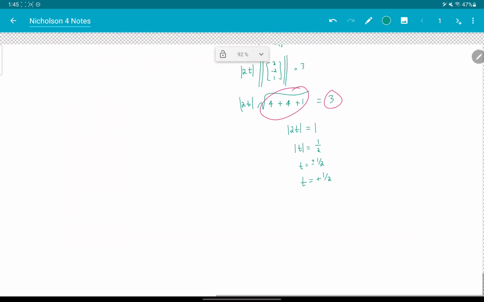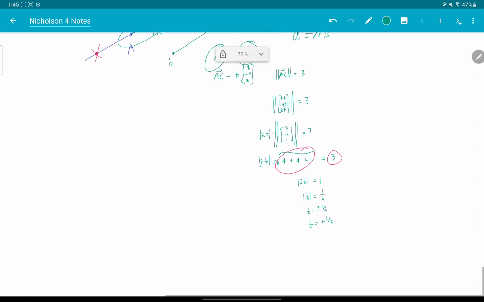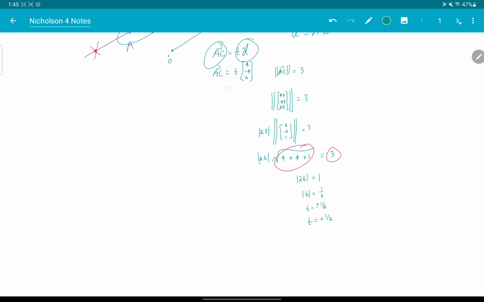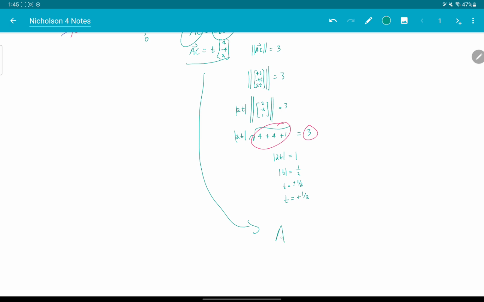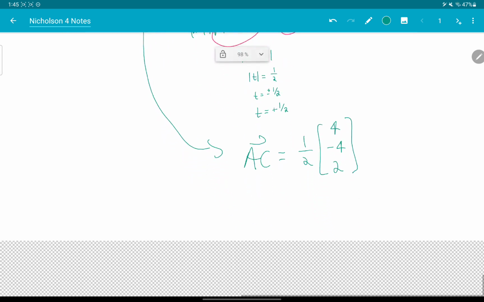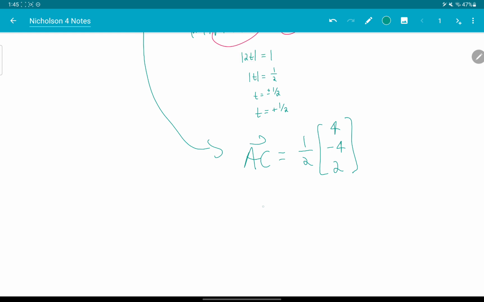Okay, now I can find my point C. I'll go back to this equation here, bring it down here, so I get AC is 1/2 times 4, negative 4, 2. So that is the vector C minus the vector A is equal to 2, negative 2, 1.